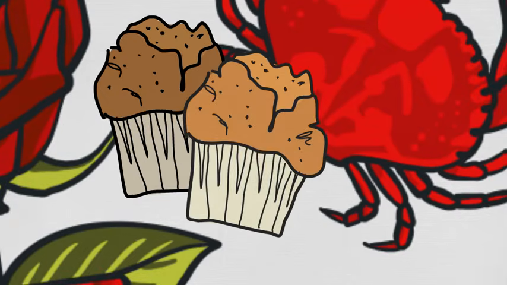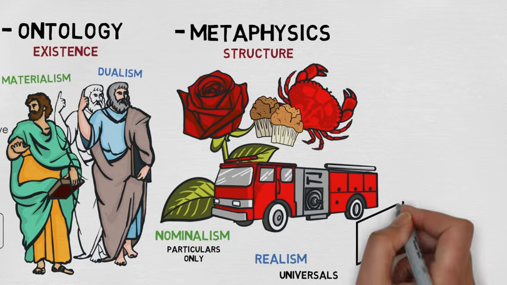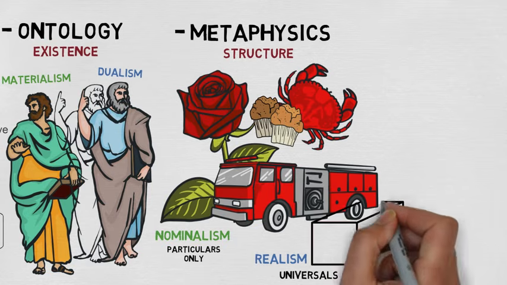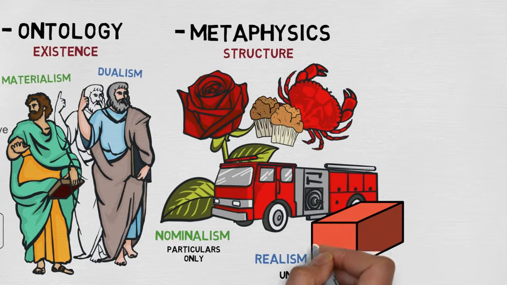Whereas the other school of thought, which is realism, claims that not only do those concrete particulars exist, but there are also really existing universals or abstract entities, such as redness, roseness, triangularity, and they have a real existence. The particulars are said to instantiate, partake in, participate in, or possess various universals to differing degrees, or not at all.